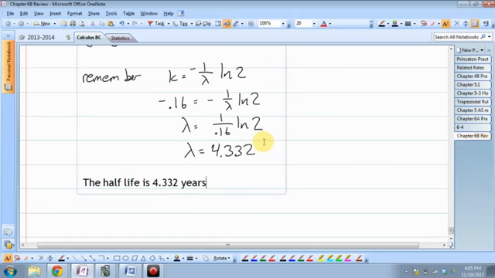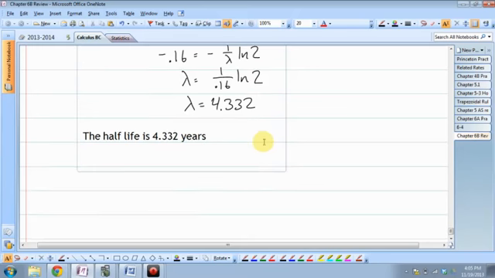So how long will it take for the sample to decay to 66% of its original amount? How much of it is left? 66% or 34%? What does it say? 66% is left. It's decaying to 66.